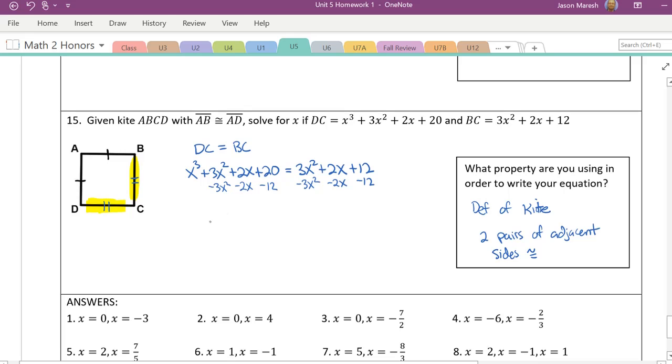And I end up with x to the third power plus 8 is equal to 0. So it cleans up real well.